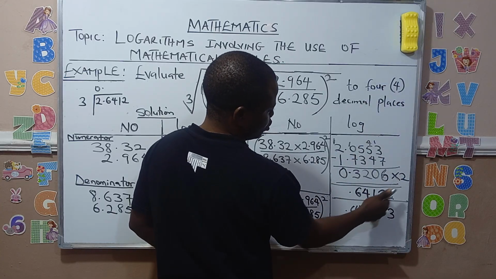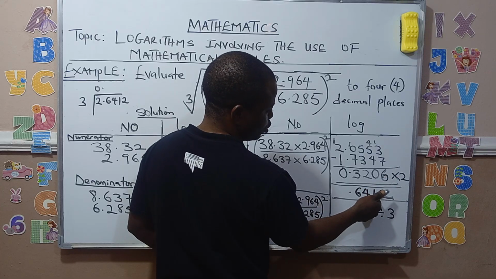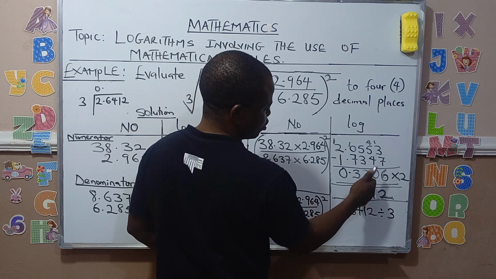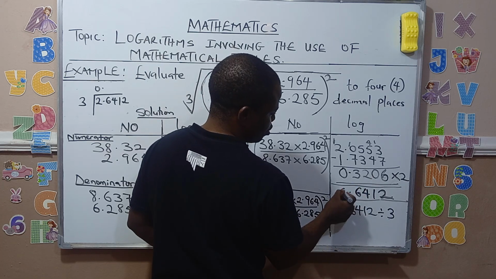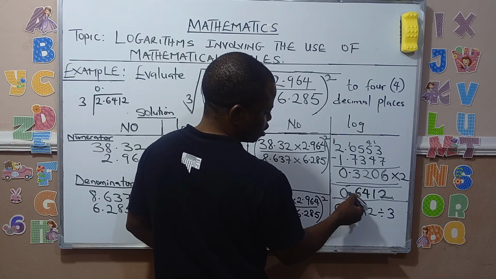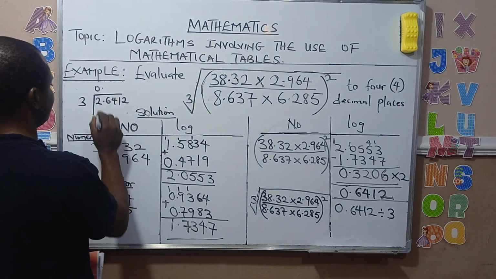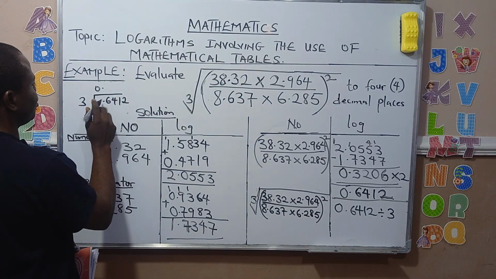And when you multiply that, well, we get 0.6412. 0.6412 divided by 3. We have a 0 here.